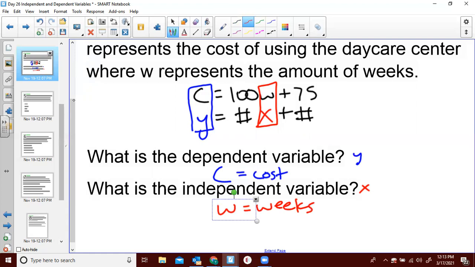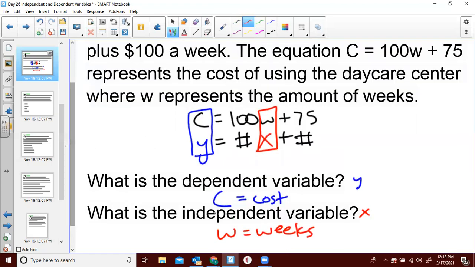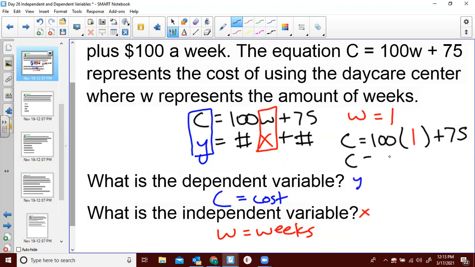And this is where I want to talk about why it's independent and dependent. Independent gets to do its own thing. So if we have X equals, say, 1, or W in this case equals 1, we can plug in a 1 everywhere that we see a W. When I put a 1 in here and simplify, I will have C equals 100 plus 75, because 100 times 1 is just 100.